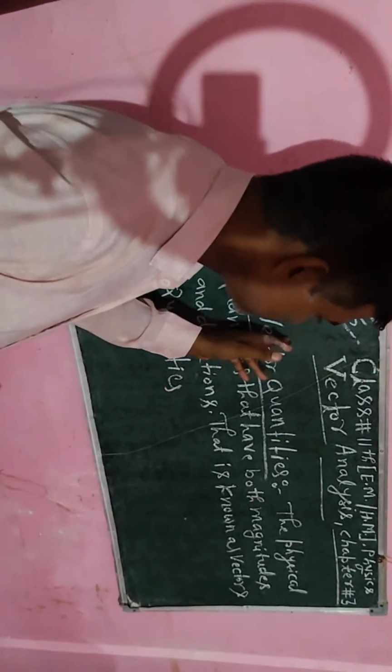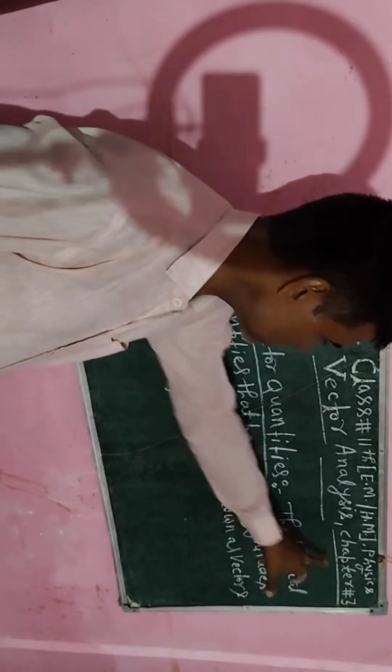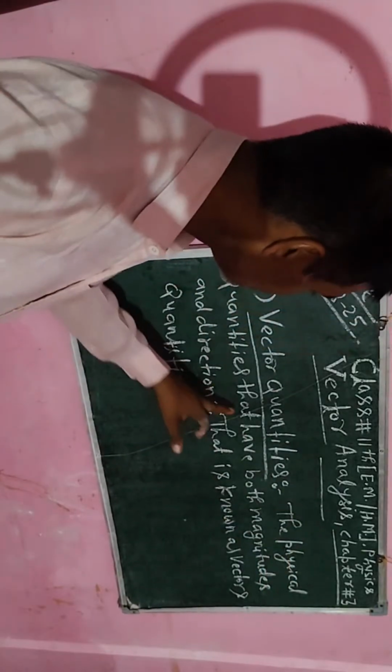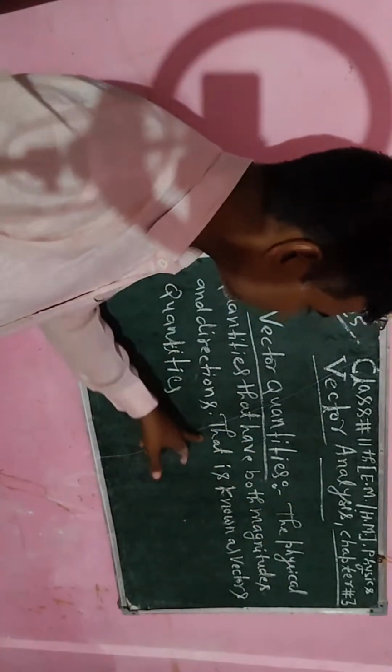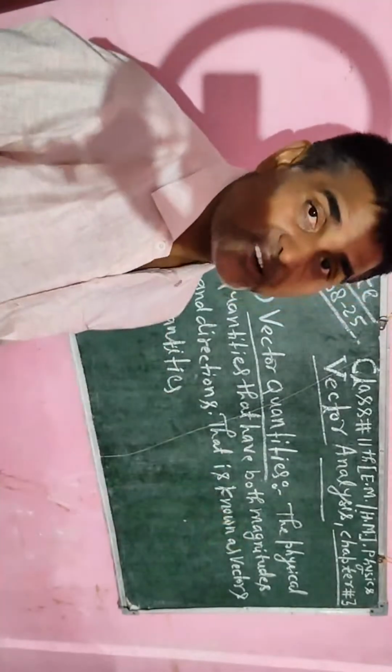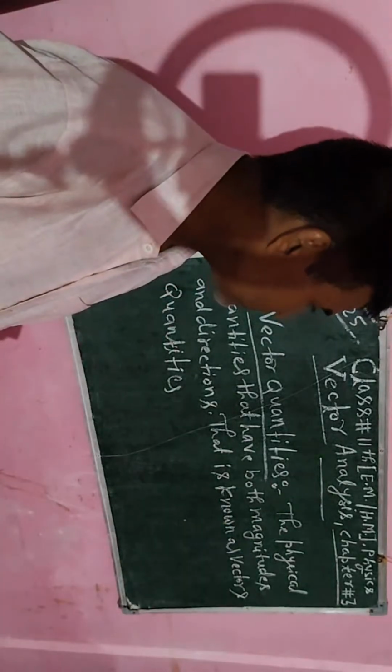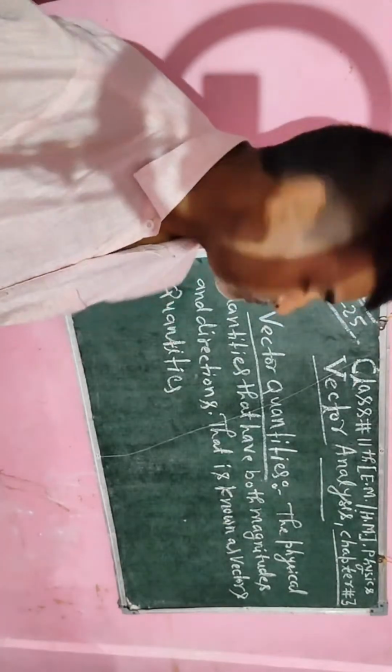Vector quantity is very simple information: physical quantities that have both magnitude and direction are known as vector quantities, or called a vector quantity. Both have the same meaning.